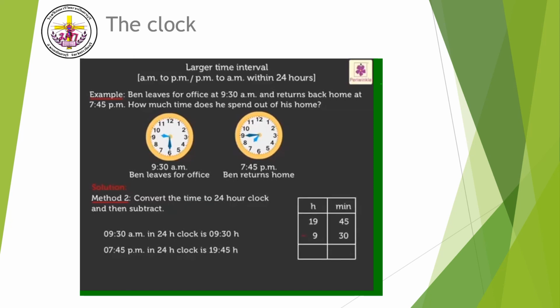Now, subtracting the starting time of the activity from the ending time of the activity gives us the time interval. Thus, on subtracting, we get the answer as 10 hours 15 minutes. Answer: Ben spends 10 hours 15 minutes out of home.